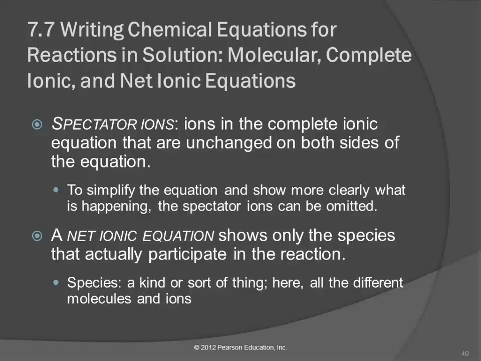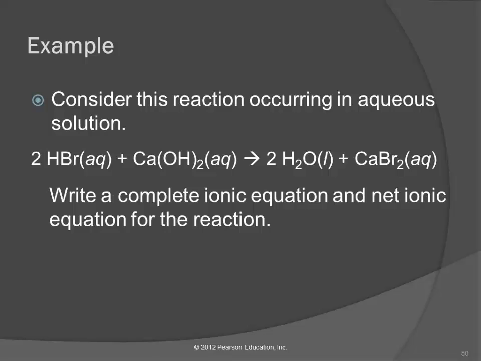So I think we've got some examples coming up here. So here's a reaction where we've got HBr, which is soluble, reacting with Ca(OH)2, which is soluble, forming H2O, which is a liquid, and CaBr2, which is also soluble.